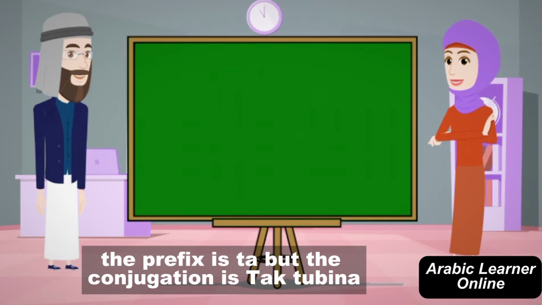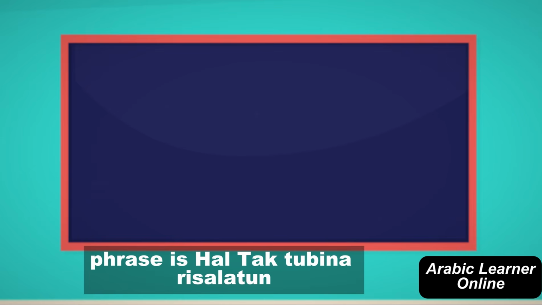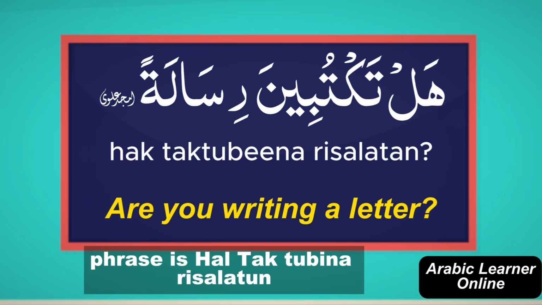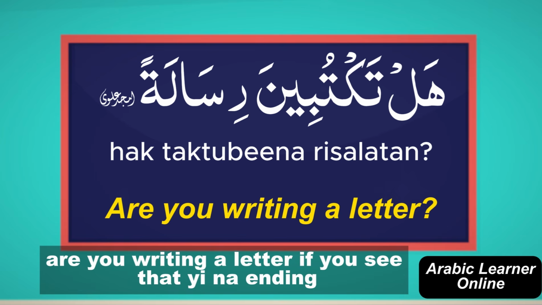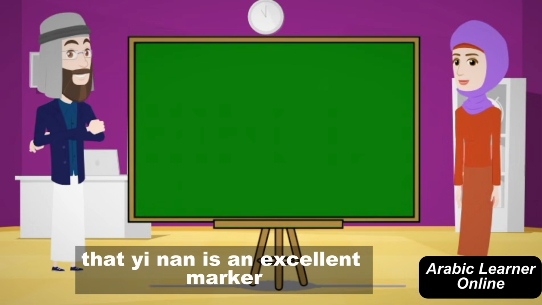The prefix is ta, but the conjugation is taktubina. Phrase: hal taktubina risalatan? Are you writing a letter? If you see that ina ending, you must be talking to one singular female. That ina is an excellent marker.